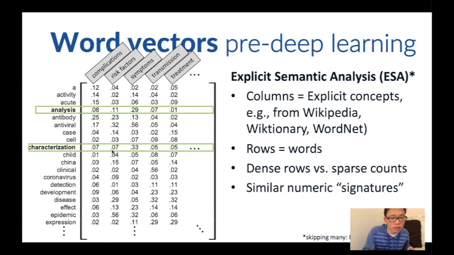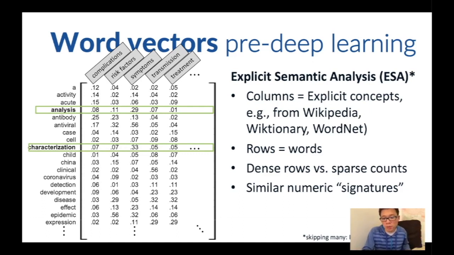And in this particular vector, what we're saying, okay, it's more related to symptoms. You're analyzing and characterizing symptoms. And the other thing you can see is that when you have a vector like this, when you have a sequence of numbers, some sequences of numbers actually look more similar to other sequences of numbers. And so the idea is that you want to have similar words have similar numeric signatures, similar vectors.